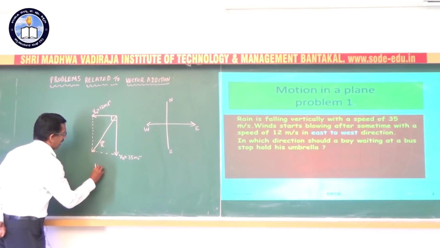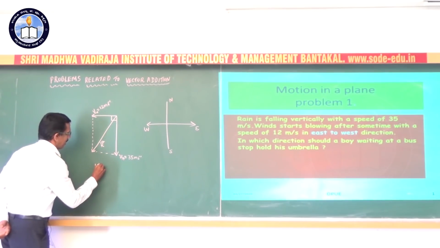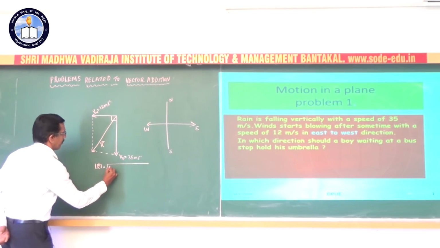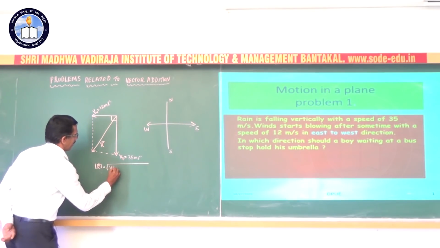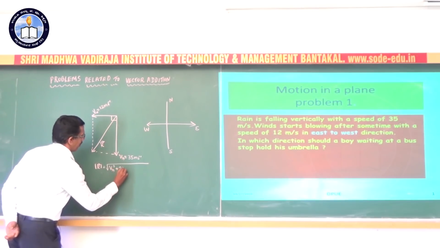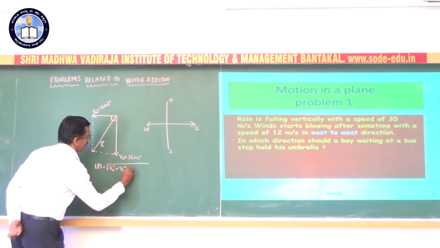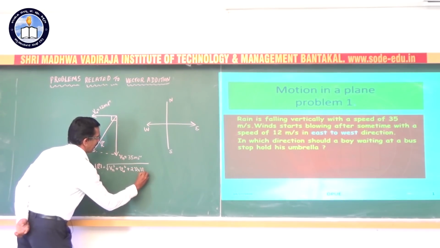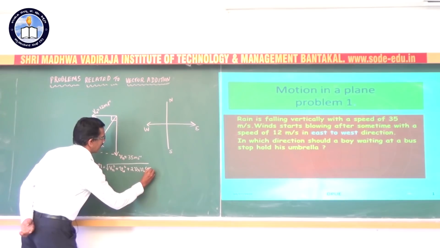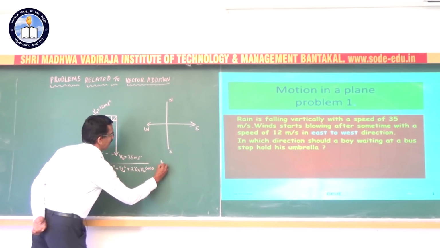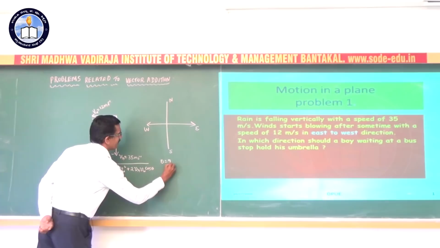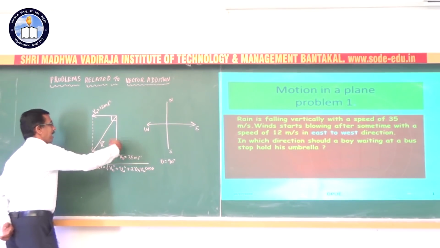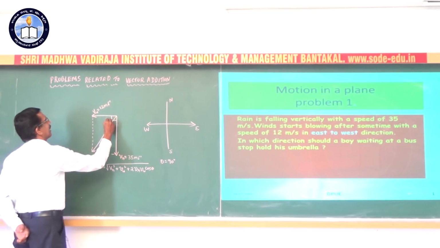Magnitude of resultant is obtained by using the formula root of VR square plus VW square plus 2 into VR into VW into cos theta. Here theta is the angle between velocity of rain and velocity of wind, 90 degree.